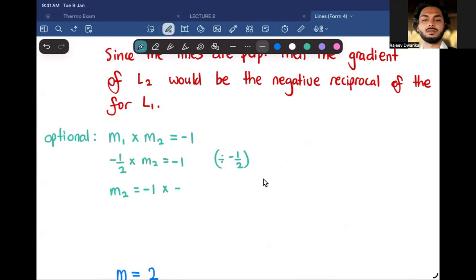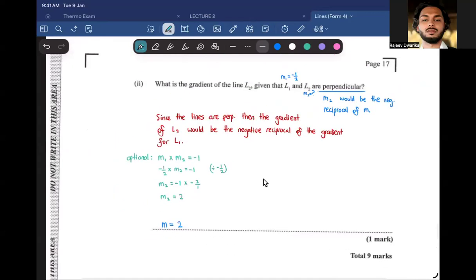Flip the half, that would just be two, 2 over 1, negative two over one. So that would be negative 1 by negative 2, which is positive two.